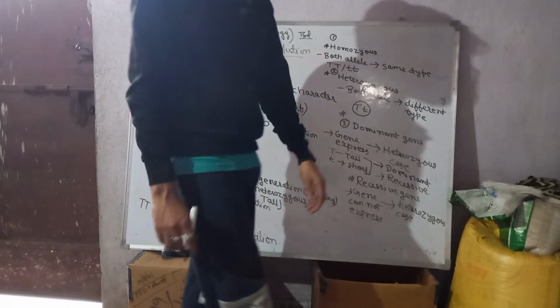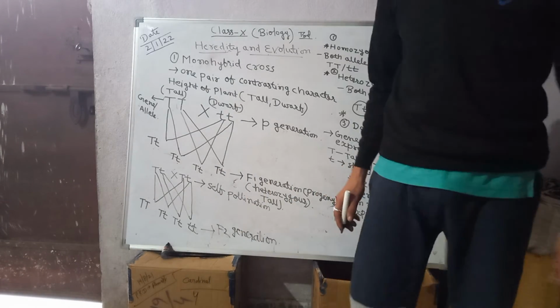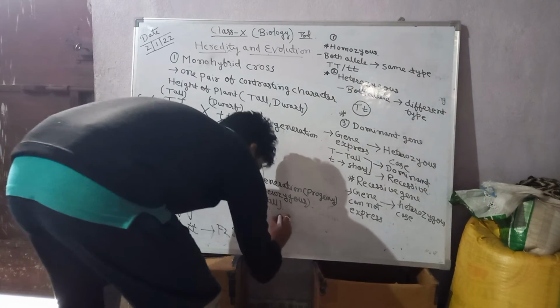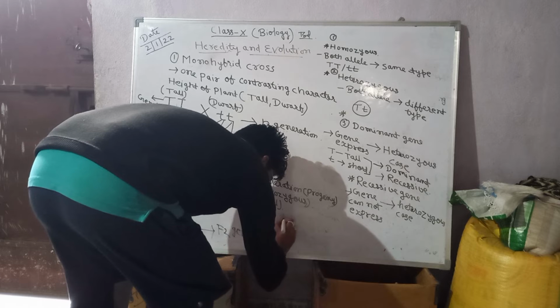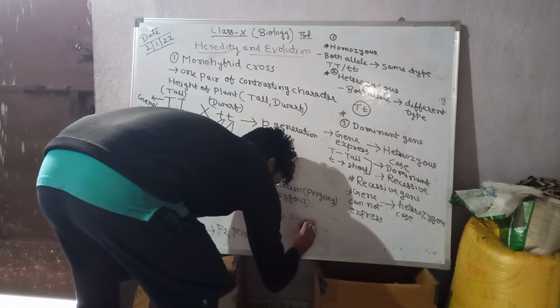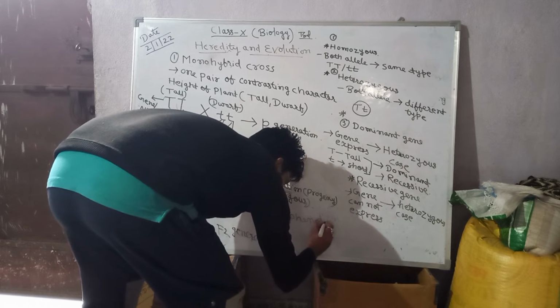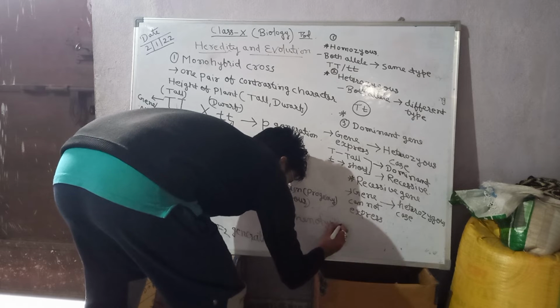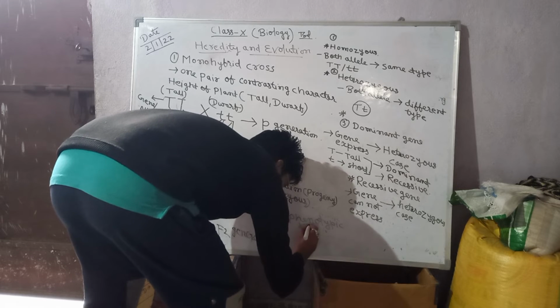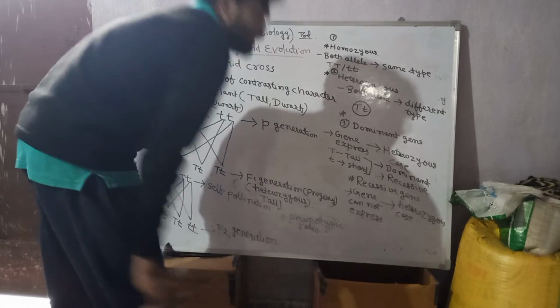One is known as the phenotypic ratio and the second one is known as the genotypic ratio. So I am writing here phenotypic ratio. Phenotypic means what, my dear student?